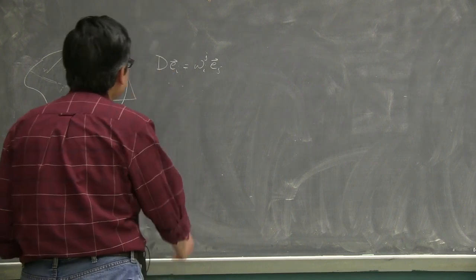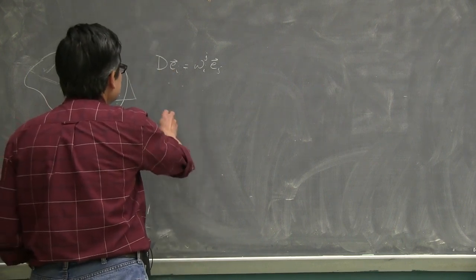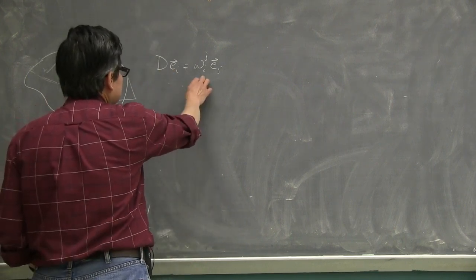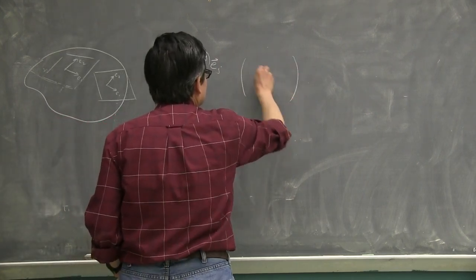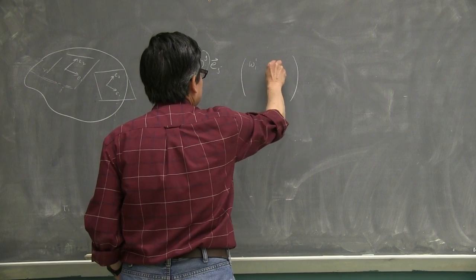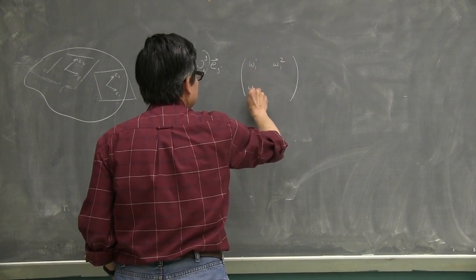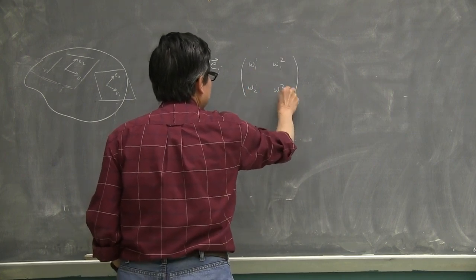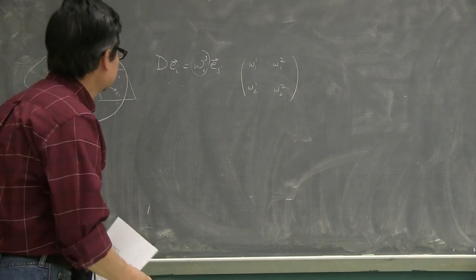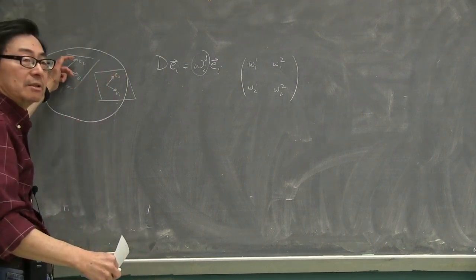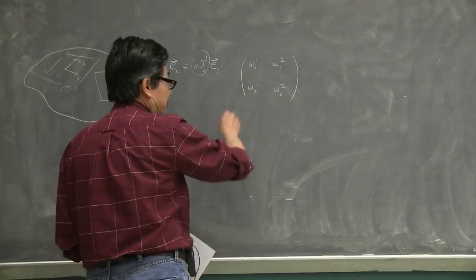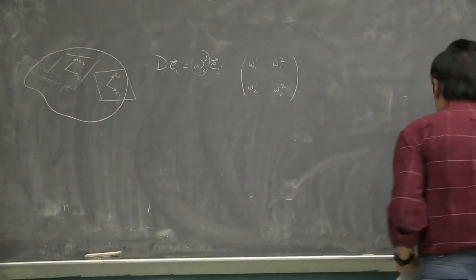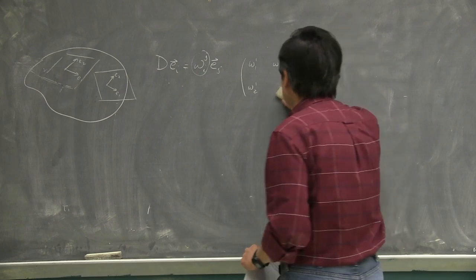And now the idea is this. This is like a connection matrix of one forms. So for a 2 by 2 case, this would be like omega 1 1, omega 1 2, omega 2 1, omega 2 2. It can be shown quite generally that if the frame is an orthonormal frame, then this matrix is anti-symmetric, which means that these two are equal to 0.